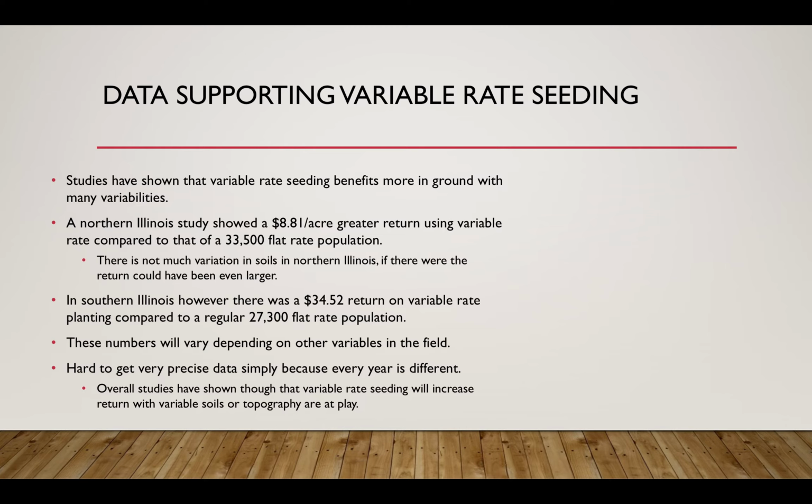In Northern Illinois, you're not going to have that much variable soil types, at least from what I know, as compared to Southern Illinois. You're going to have a lot of variability down there. So that's why in the Southern Illinois study, the rate of return was greater at $34.52 per acre compared to just a flat rate 27.3 plant population.